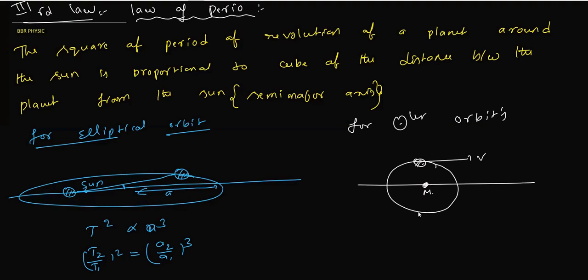This distance we take as the radius R for a circle. So T square is directly proportional to R cube. (T2 by T1) whole square can be written as (R2 by R1) whole cube. This is for a circular orbit, and the earlier one is for elliptical orbits.